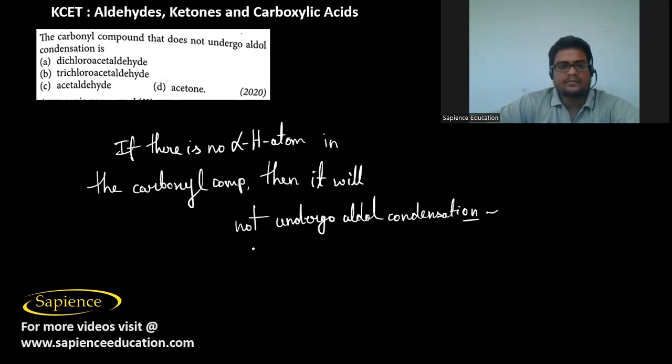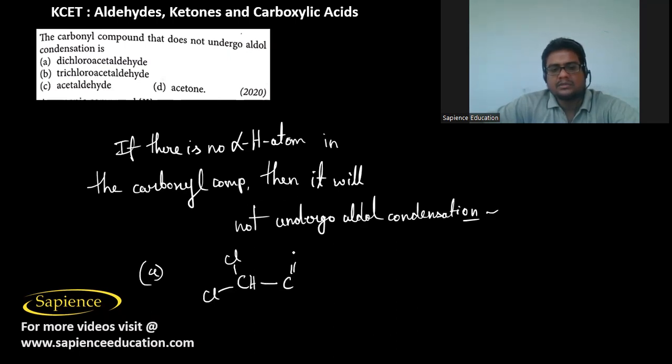So here the first one is dichloroacetaldehyde, which is CHCl2CHO.